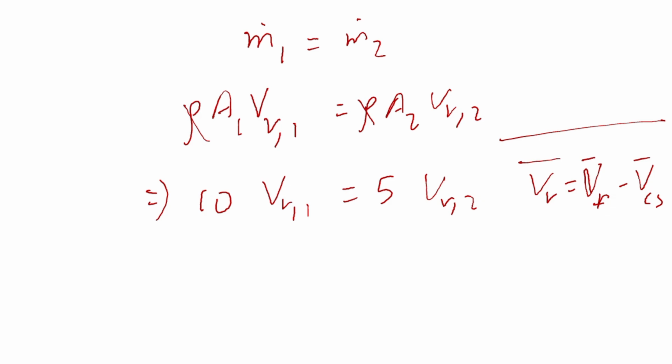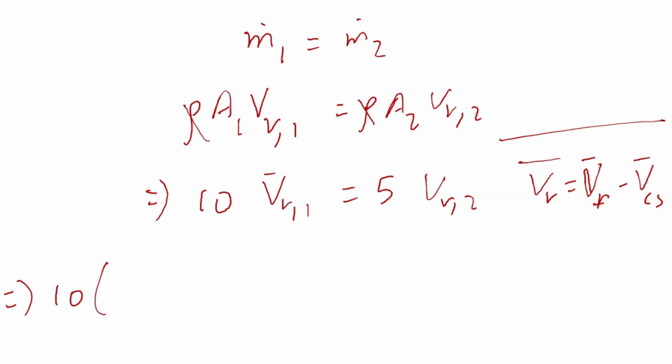So in this case, if you're finding the relative velocity at 1, that is 10 times the velocity of the fluid, which is in a positive direction.